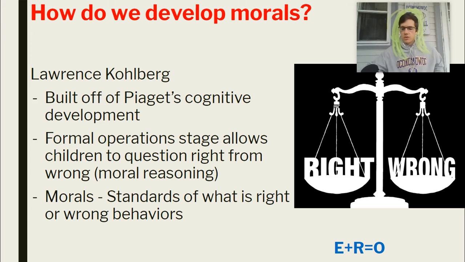And when we talk through each of the three stages, you'll see how a child or an individual in Piaget's cognitive development stages would also have different moral reasonings. For example, formal operations, which is Piaget's final stage of cognitive development, where children are able to have abstract hypothetical situations, allows children to question right from wrong on a higher level.